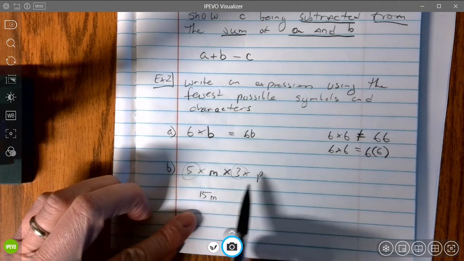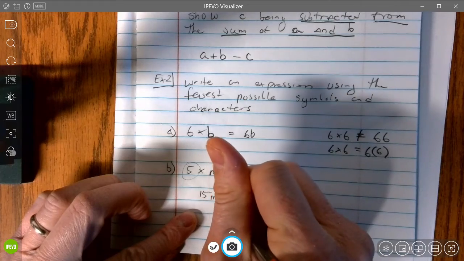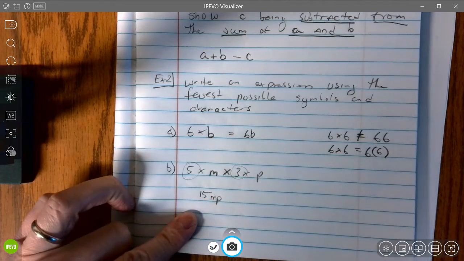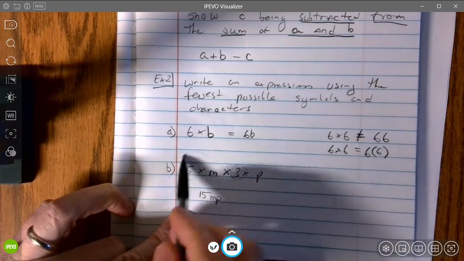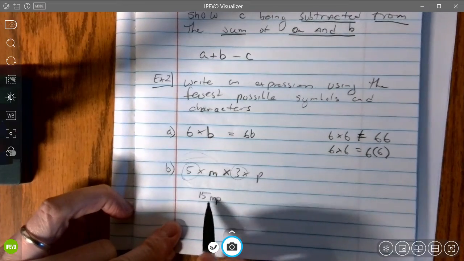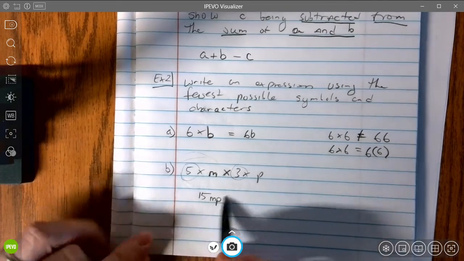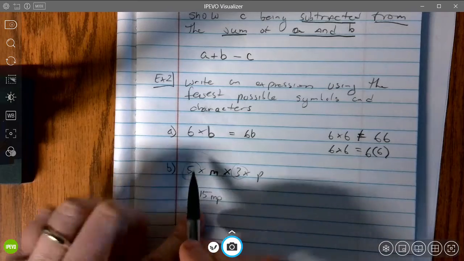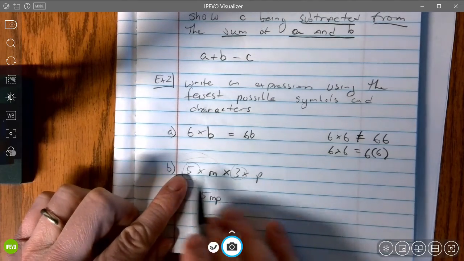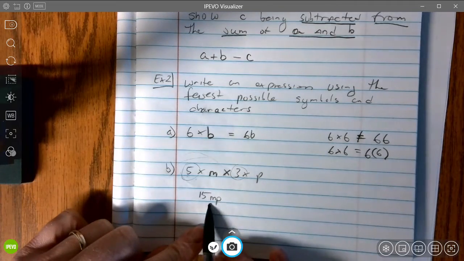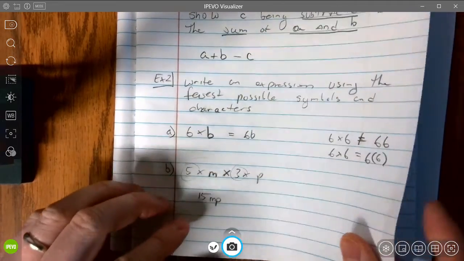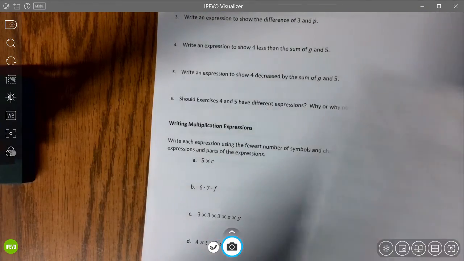And 15M times P is 15MP. Should look just like that. That's how we can write this expression in the fewest possible number of symbols and characters. So again, if we see numbers, we can multiply the numbers together, and then we can just write the variables next to one another. Let's take a look at a couple more.